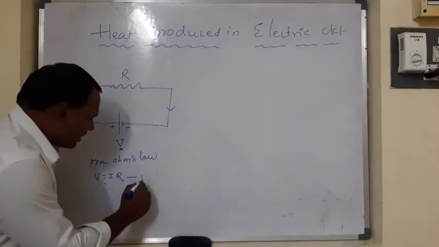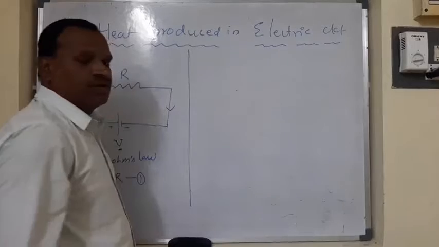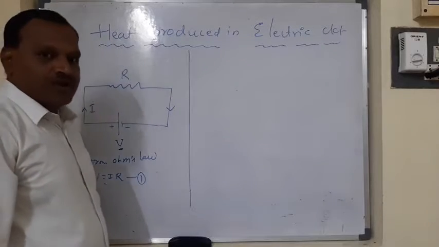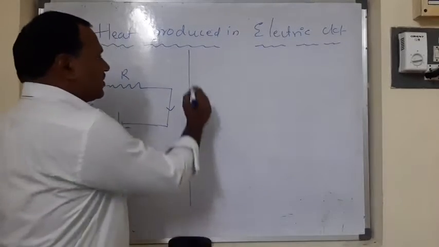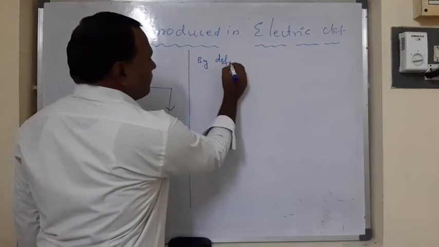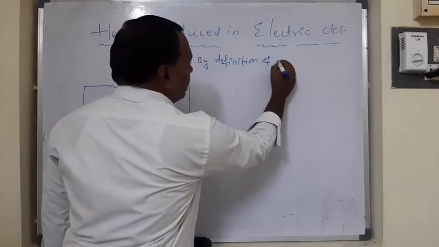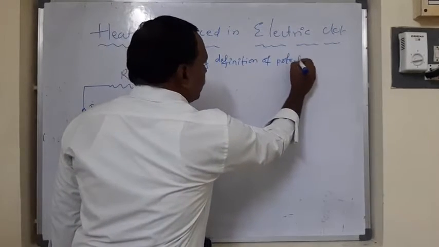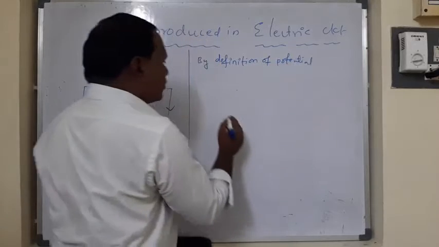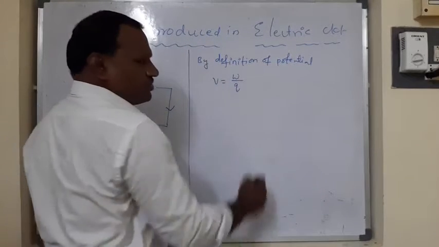Let us make it equation 1. Now further, I can put the amount of work done in terms of potential. By the definition of potential, I can write V is equal to work done by charge.